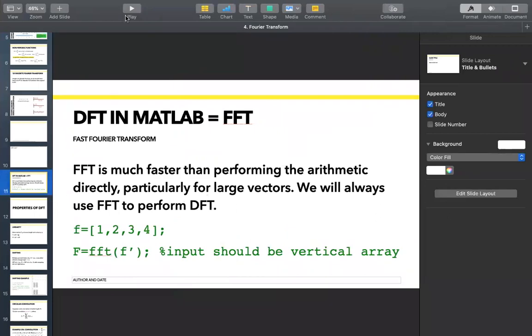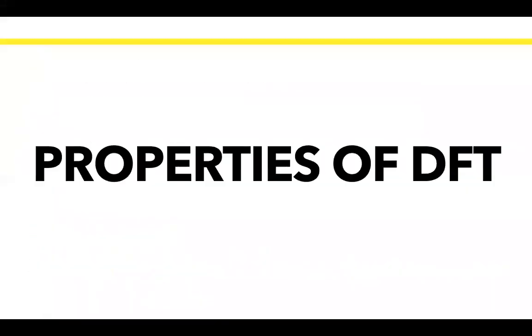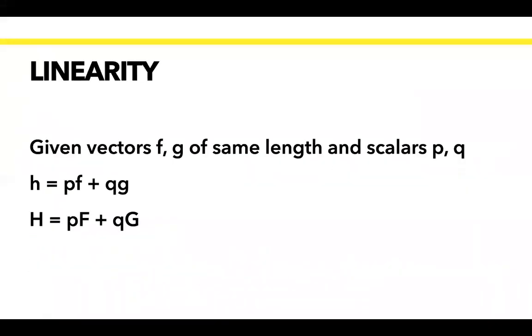Okay. Let's look at some properties of the DFT. The first is called linearity. So if we have two vectors, F and G, that are the same length, and we have scalars, P and Q. So these are just a number.